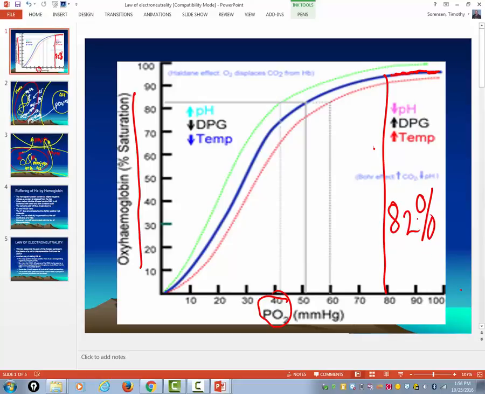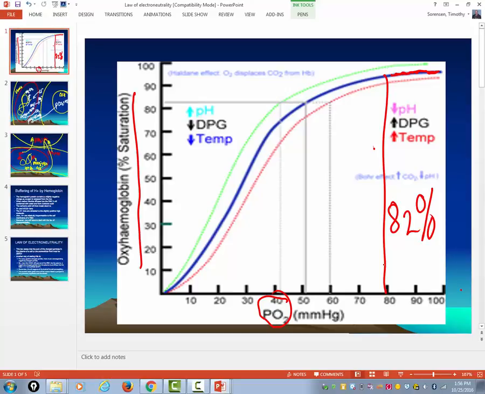So even though you have a relatively large drop in PO2 from 100 to 80, the saturation of oxygen bound to hemoglobin is relatively unchanged. Now that's important because as you move in this world, up elevation or down, PO2 is going to change slightly, but it's not going to change enough to affect the amount of oxygen bound to the iron on hemoglobin. Are you following that?